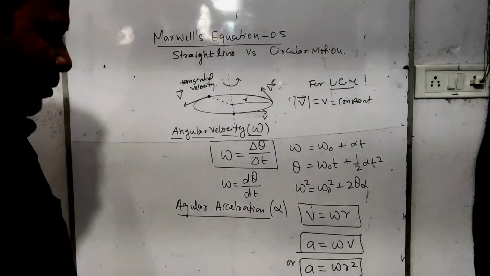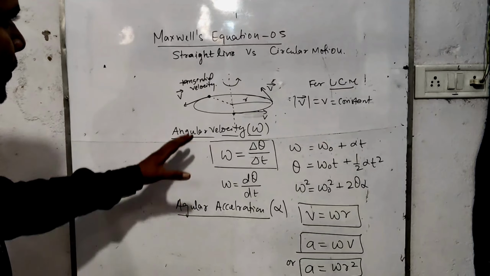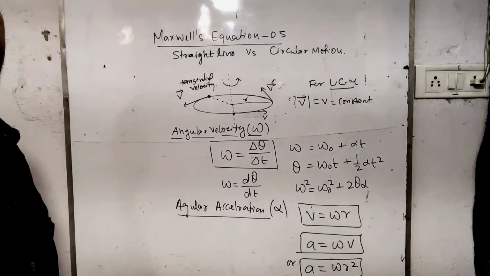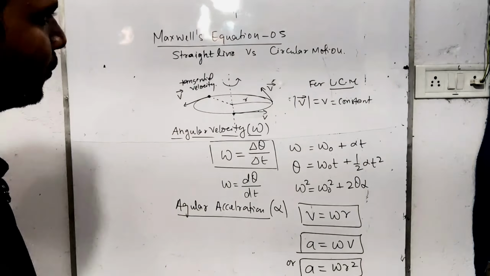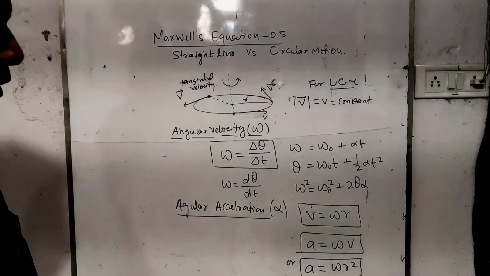These are some basic formulas you have to know in circular motion related to the equations of kinematics. So this is the topic of today's video. Now I'm ending this, otherwise the video becomes too long.